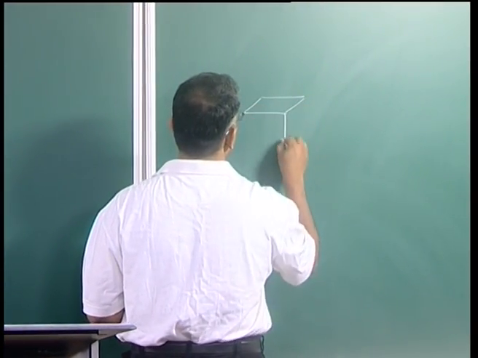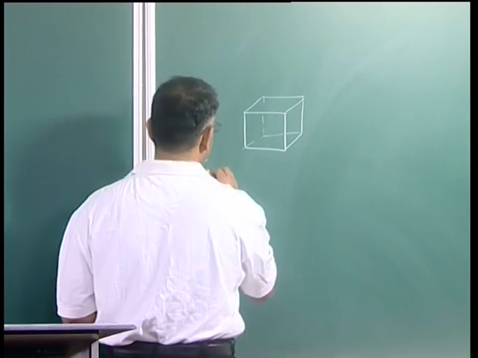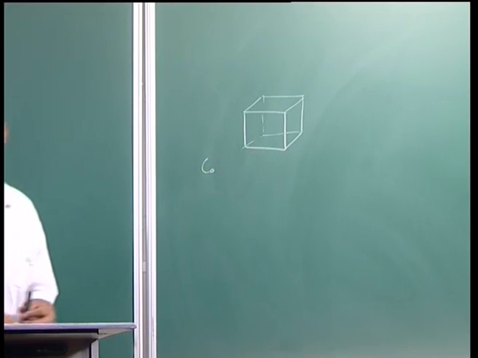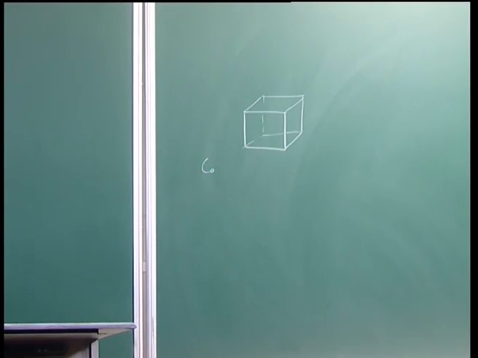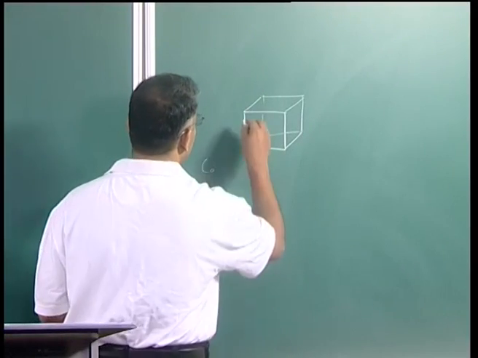So, for instance at high temperatures, I am talking about a composition C0 which lies in the ordering region, and for simplicity I can assume that C0 lies at a 50-50 mixture to make life simple.